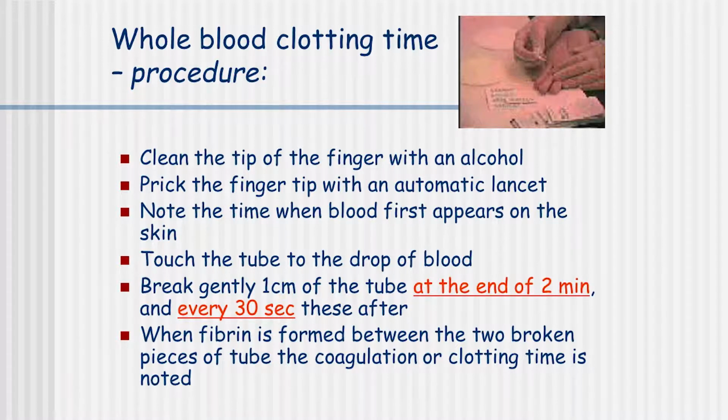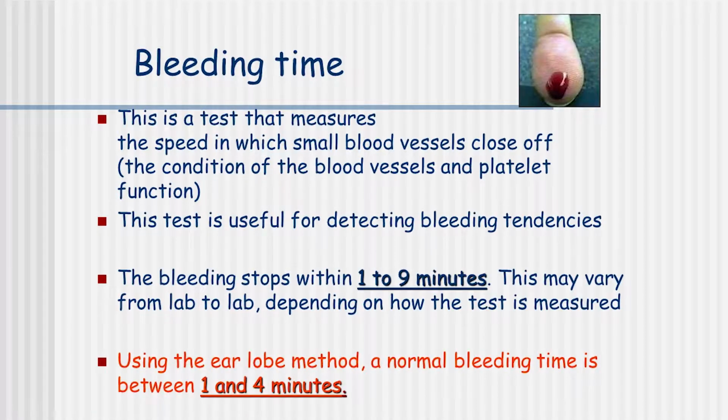Now, this is important when it comes to certain procedures, for instance body piercings. A lot of people have more than one piercing, especially the females. Okay? And so the bleeding time is used to measure the speed at which small blood vessels close off, and the condition of the blood vessels and platelet function.